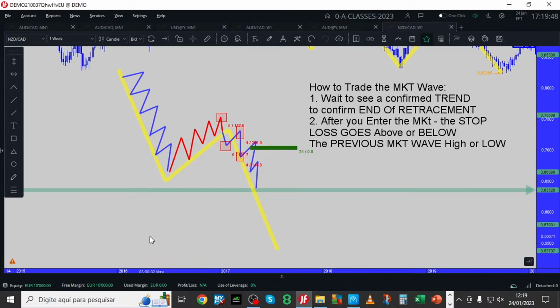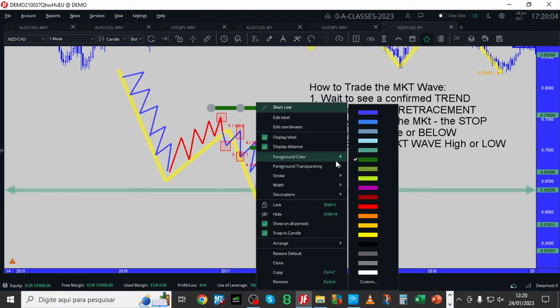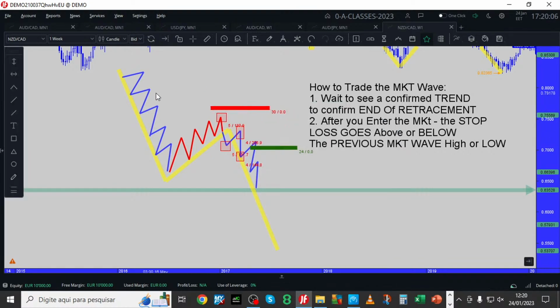If I'm going to sell, if I'm going to short at the green, what are the rules saying? Let's write this down. Should the stop loss go in here, the first, or should the stop loss go above the second?